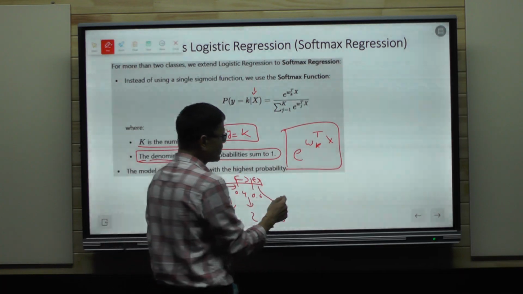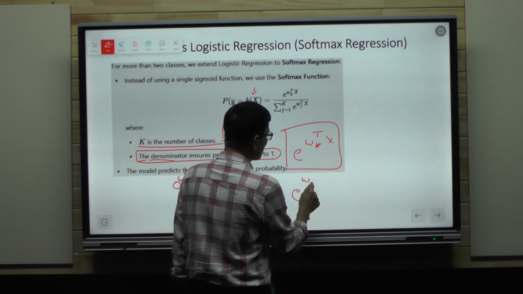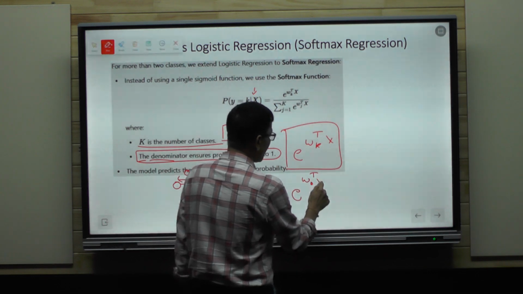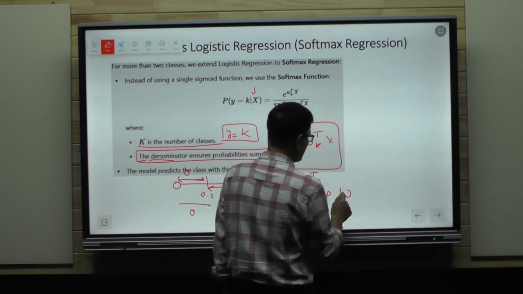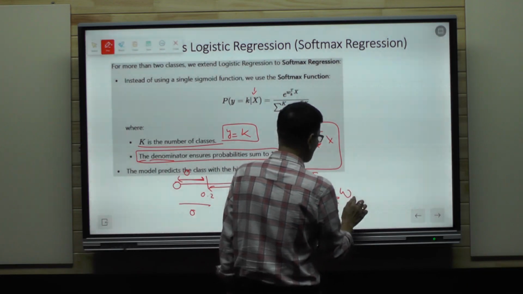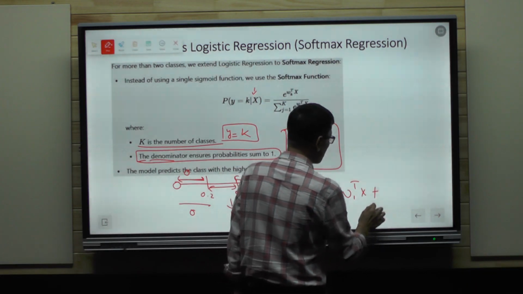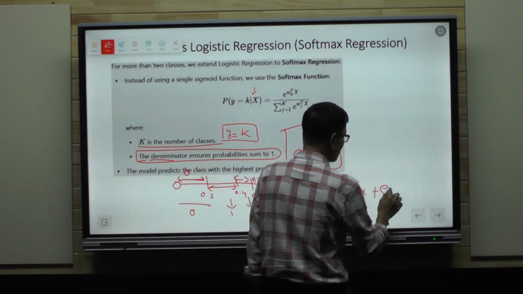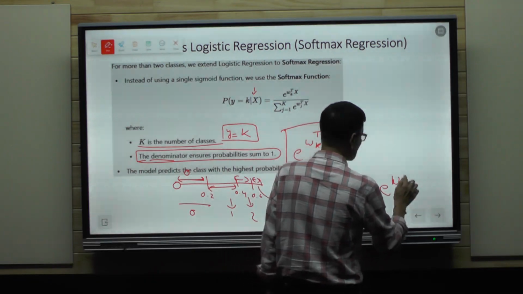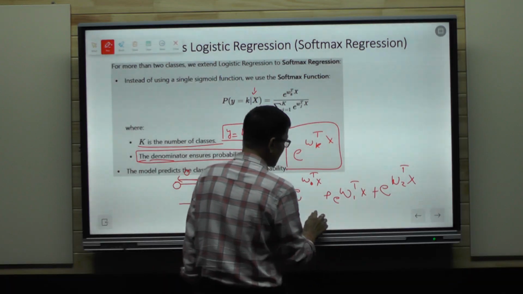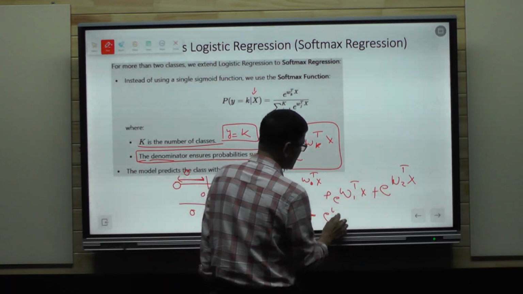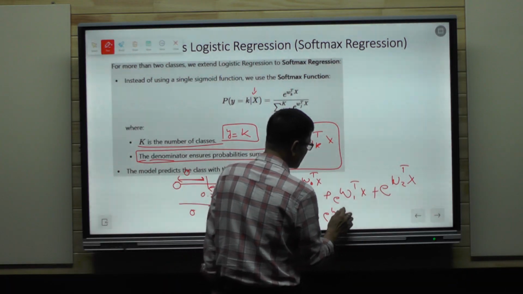So we will have e to the power w0 transpose x plus e to the power w1 transpose x plus e to the power w2 transpose x plus e to the power w3 transpose x.